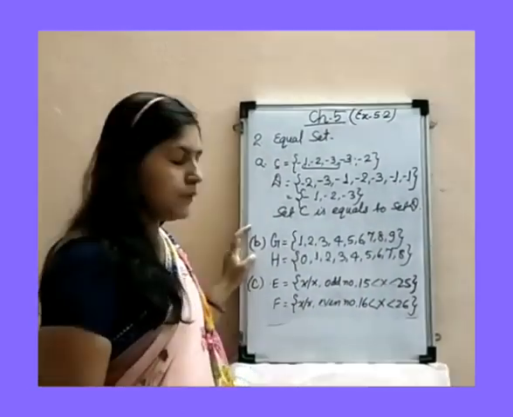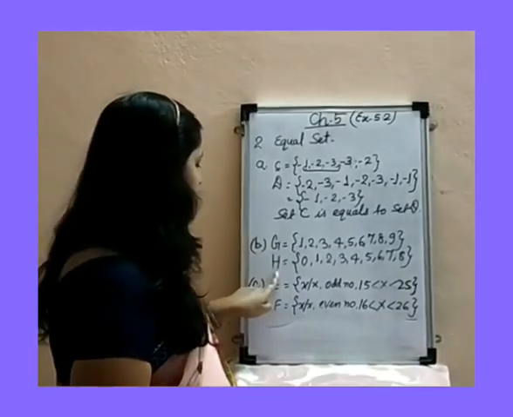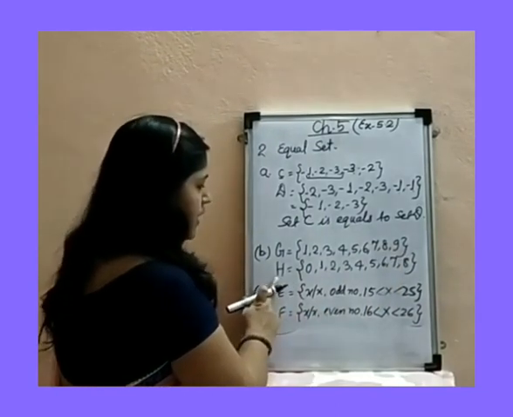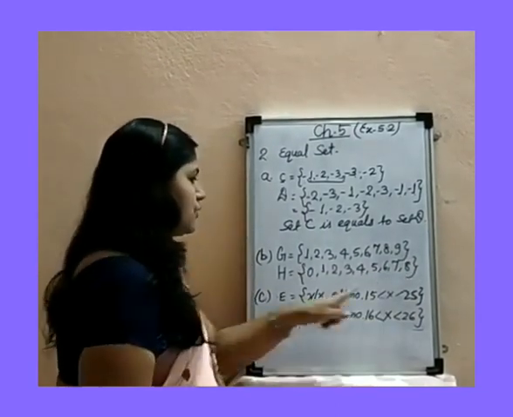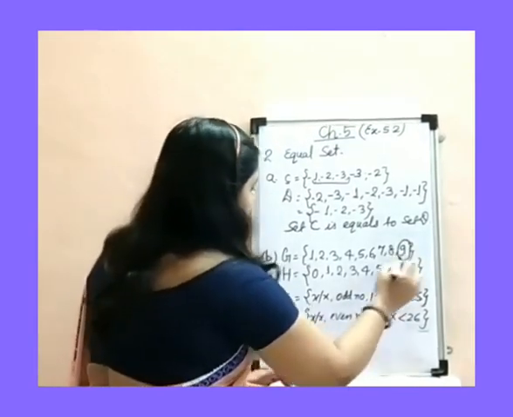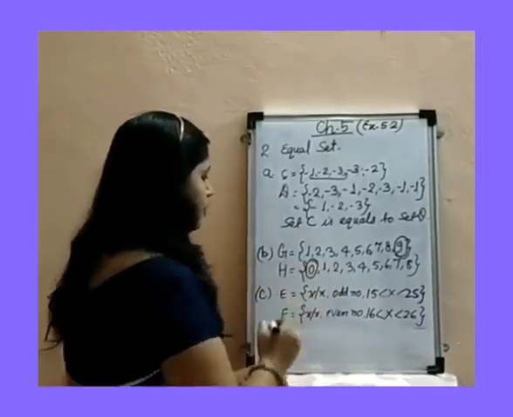Now question number B. Set G and set H. G has 1 to 9 and H has 0 to 8. So what is the difference here? Here is an extra 9 and here is an extra 0.